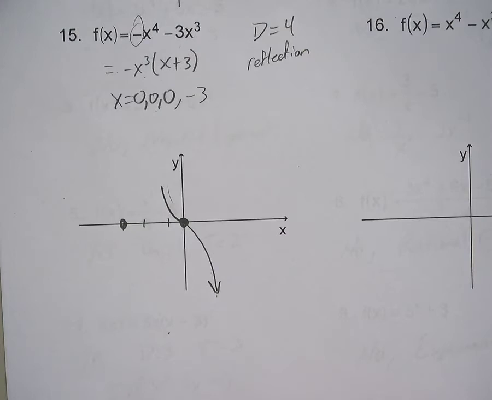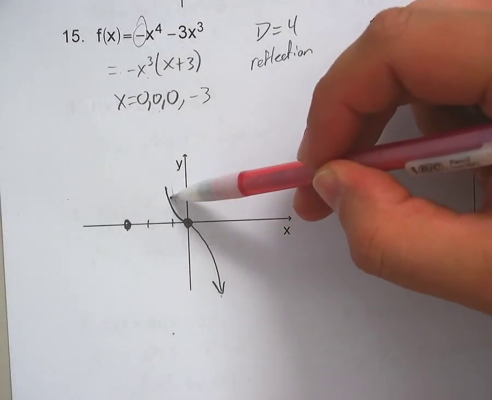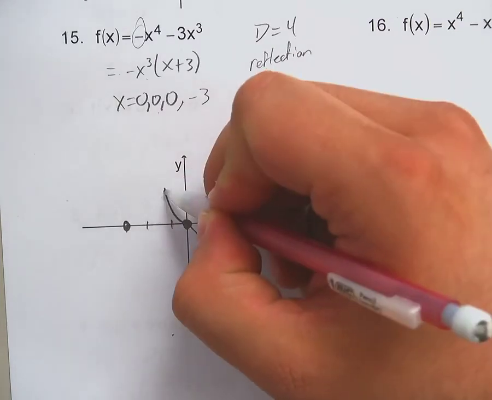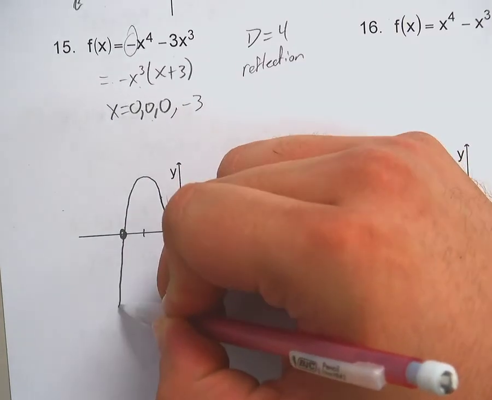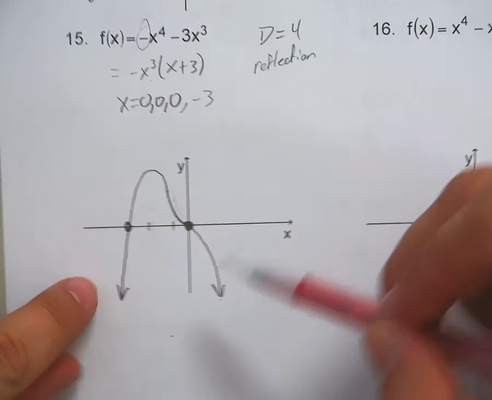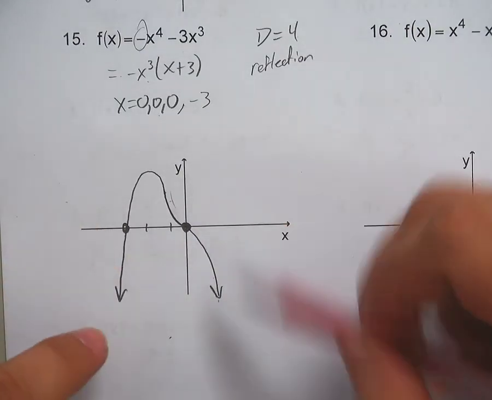So I'm going to go up like that. See how I'm concave down here, concave up here? But I still have to cross here, so I'm going to need to turn again. And that makes sense because it's a degree of 4 that both ends have to go the same direction. They got to go down. Down because it's negative.